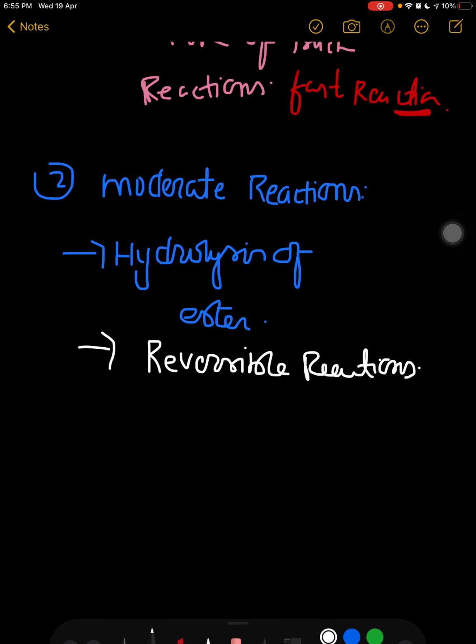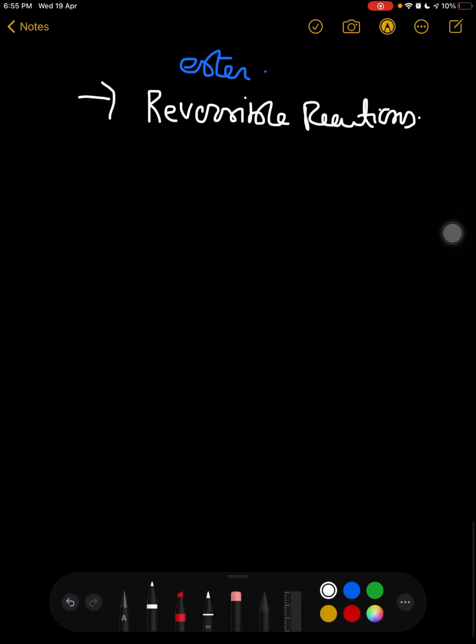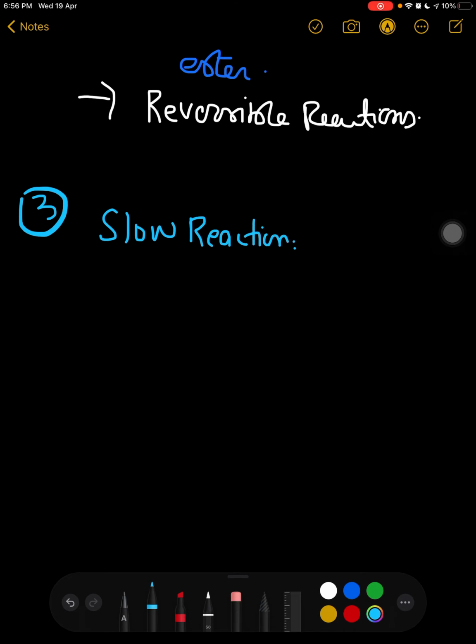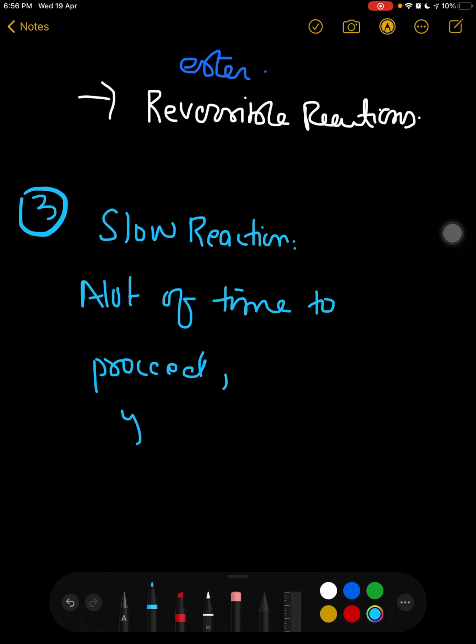Now we have the third type of reaction, which is known as slow reactions. They take a lot of time to proceed. They can even take years, days or months to start or to proceed.